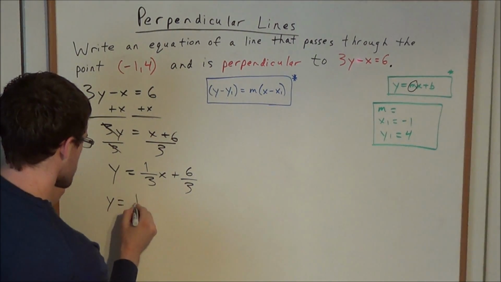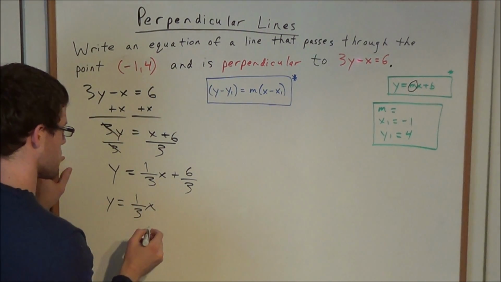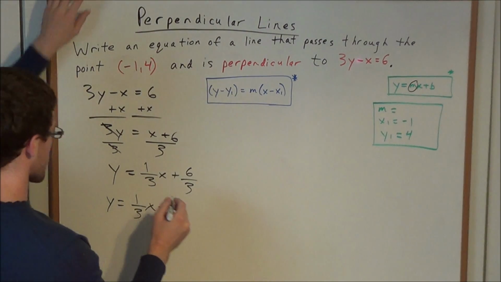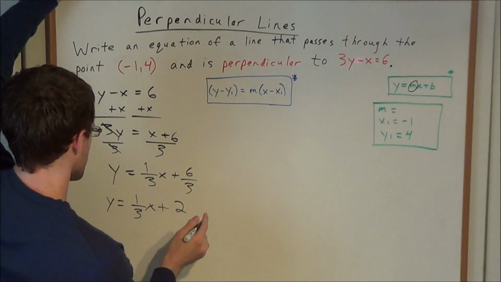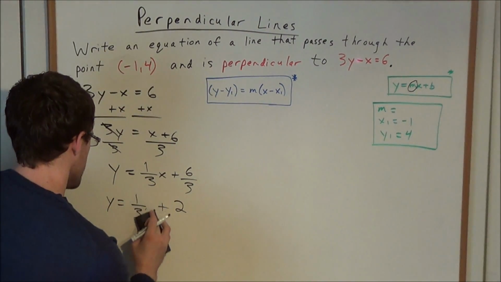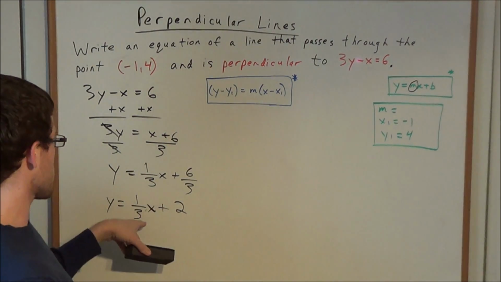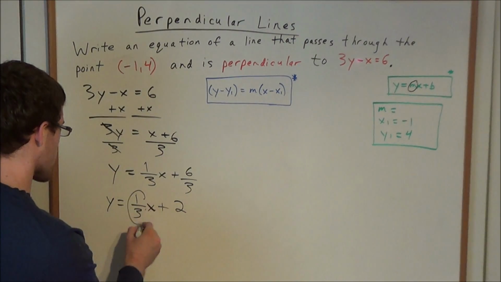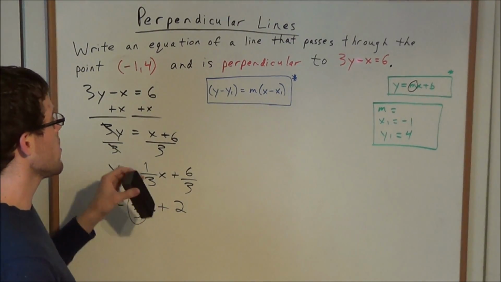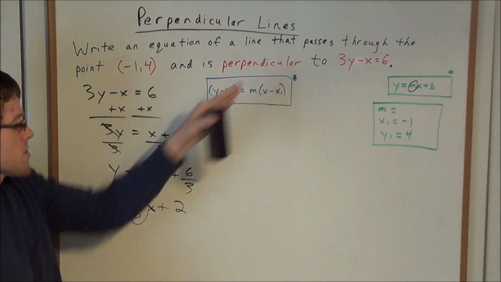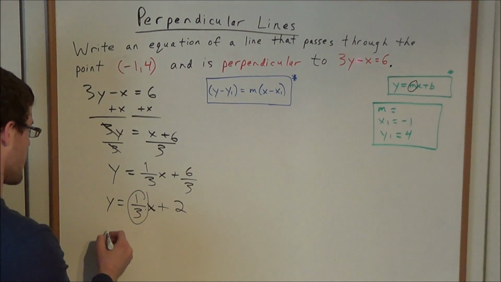Reducing this to its most simple form, we have y equals 1/3 x plus 2. What this equation tells us is that the slope of the line they gave us is equal to 1/3.